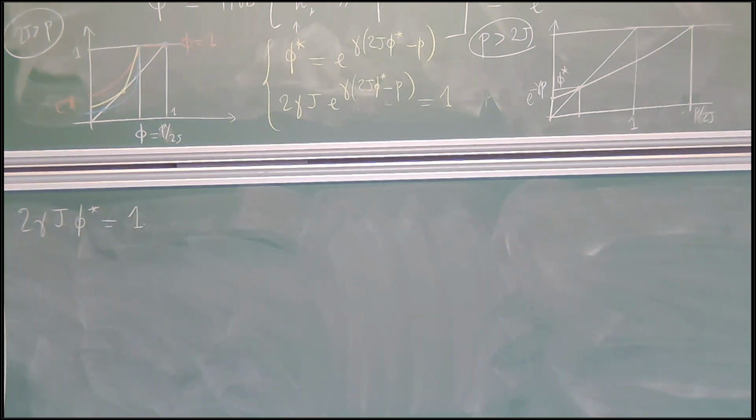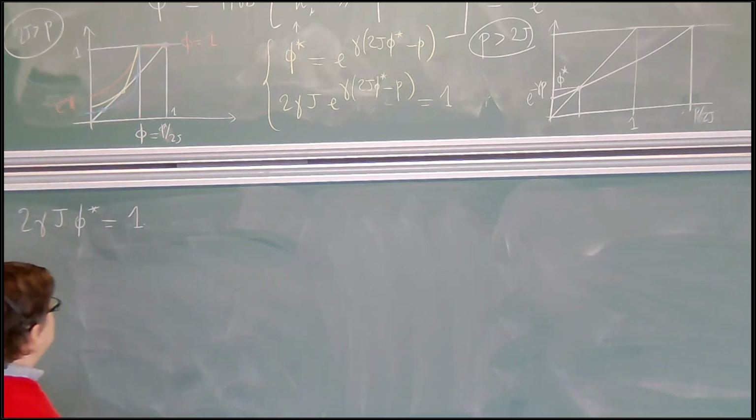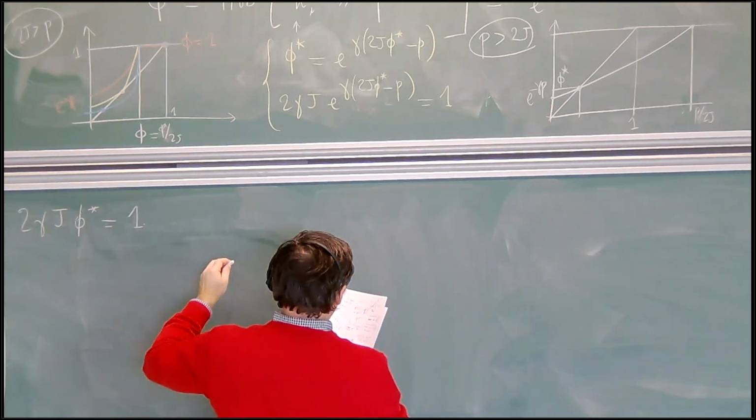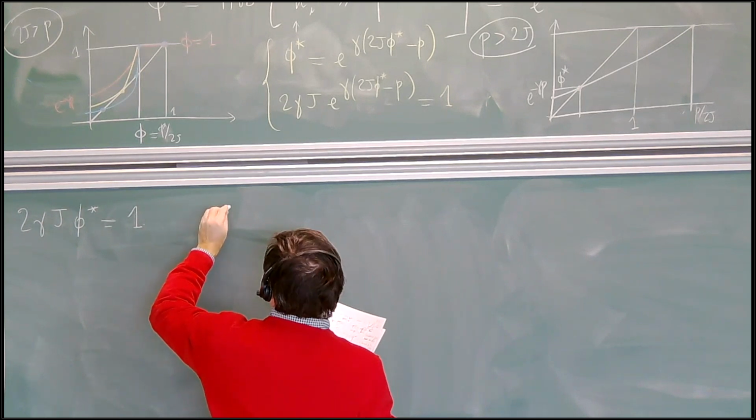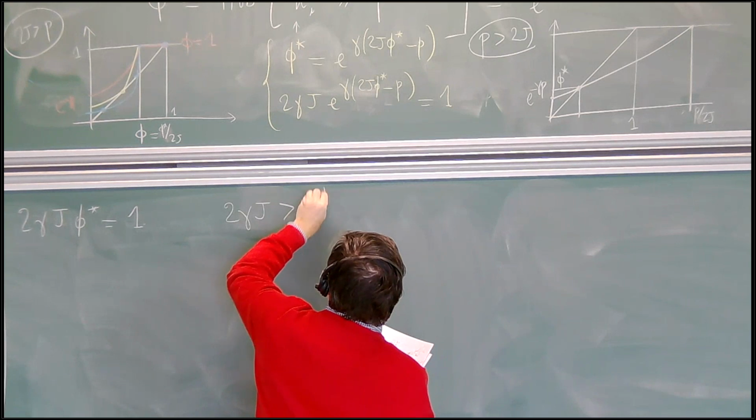Okay. But if I want a phi star that is less than 1, so I want a solution that's interior to the domain, you see that the only possibility is when 2J gamma is greater than 1.